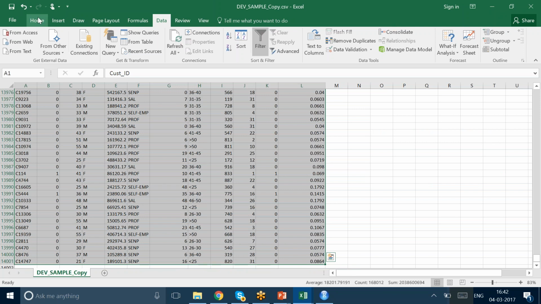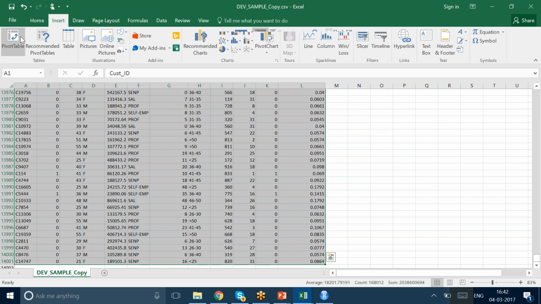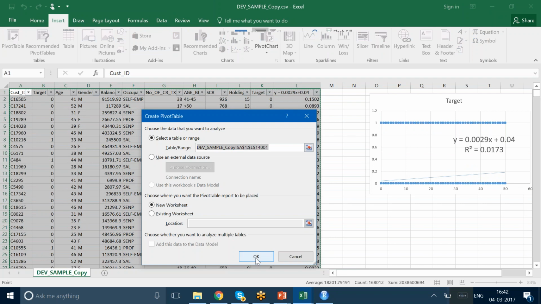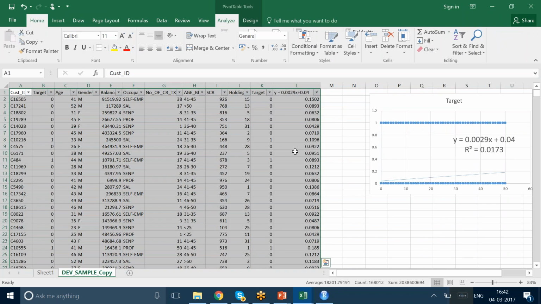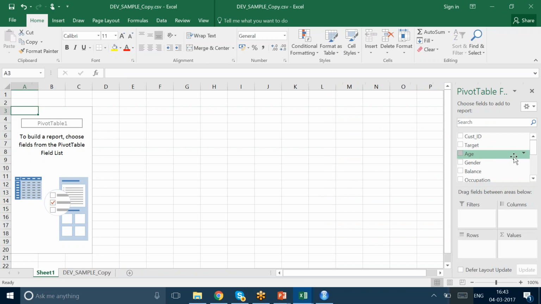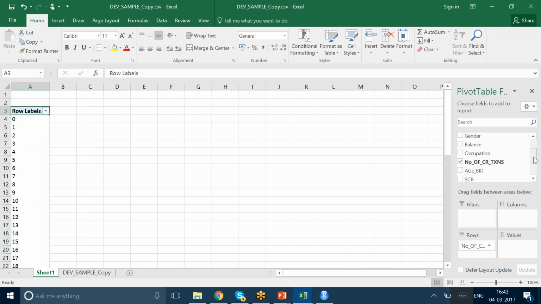I'm trying to mimic it. Okay. Insert pivot table. This one is number of credit transactions and target.